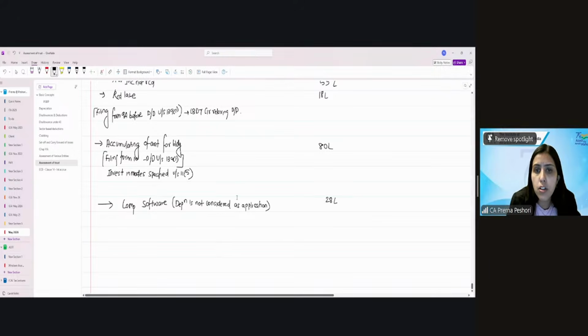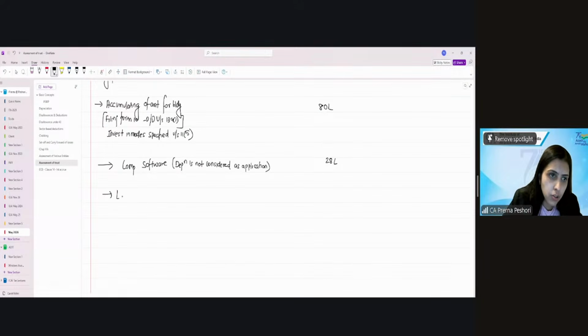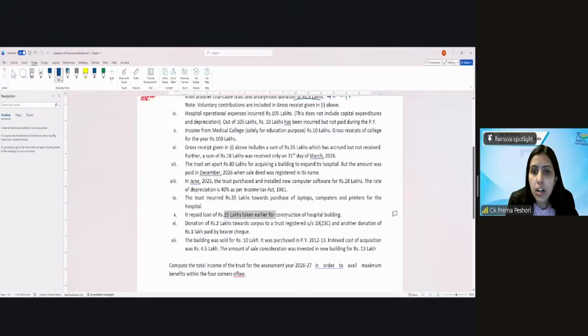Next is the trust incurred 35 lakh towards purchase of laptop, computer and printer. So again you will get here application. It repaid a loan of 15 lakh taken earlier for the construction of hospital building. Allowed, subject to certain conditions. Correct.